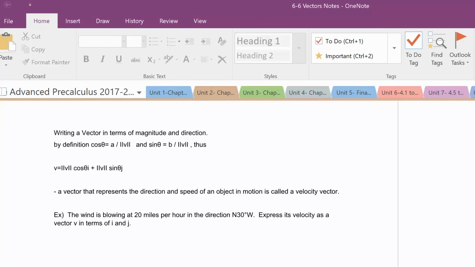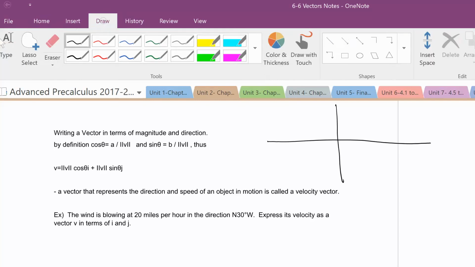All right. So then, writing the vector in terms of its magnitude and direction. So if you look at a vector, whichever direction it goes, there's our vector v, which points to A, B. Here is the angle created, because remember the angle starts with the positive x-axis.